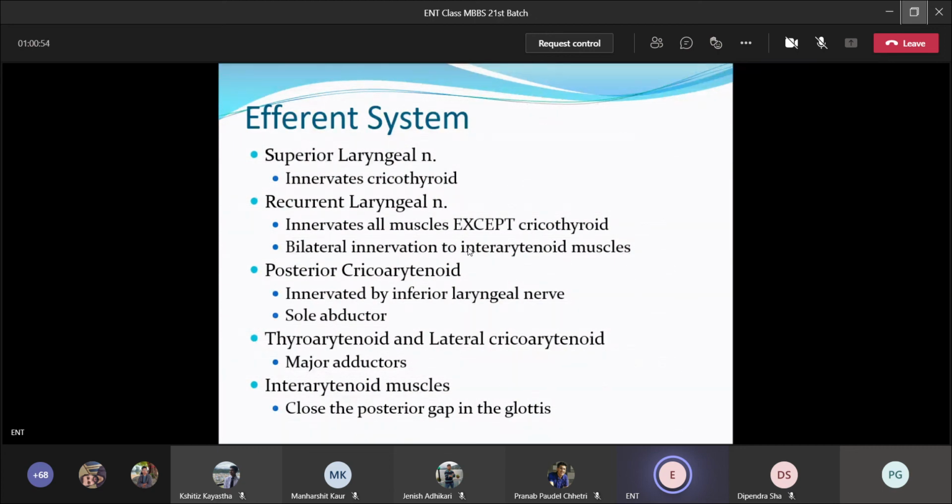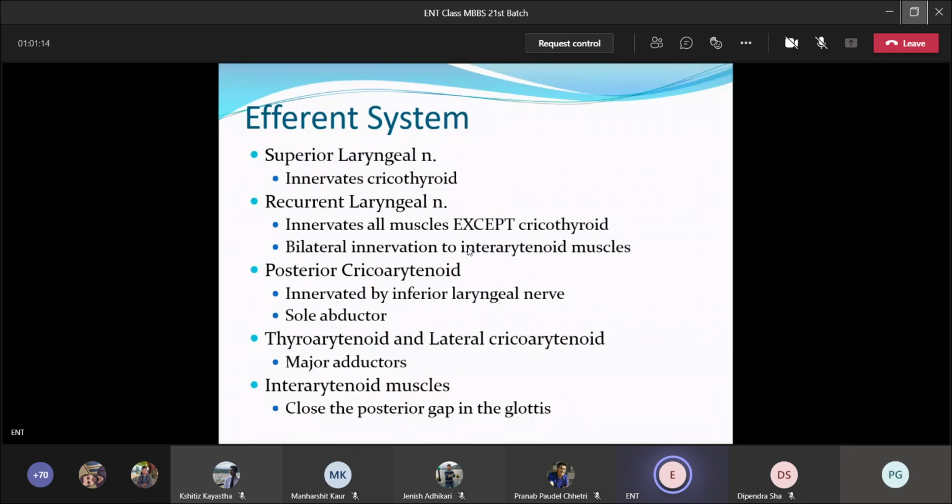The thyroarytenoid and lateral cricoarytenoid are major adductors, and the interarytenoid muscles close the posterior gap in the glottis. This is the efferent system of the functions of the larynx.